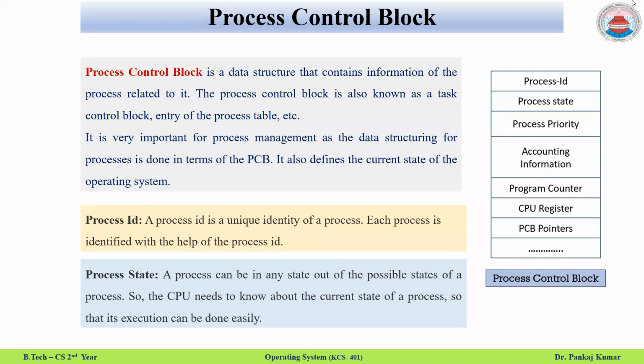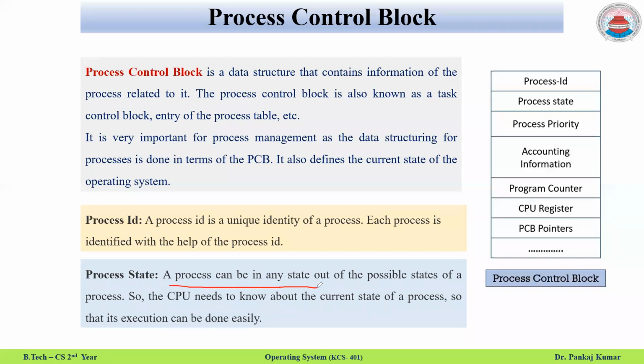Now come to process state. Process state means you have to tell what is the state of that particular process, whether it is a new state, a running state, a waiting state, a terminated state, and so on, as I have discussed about process states.